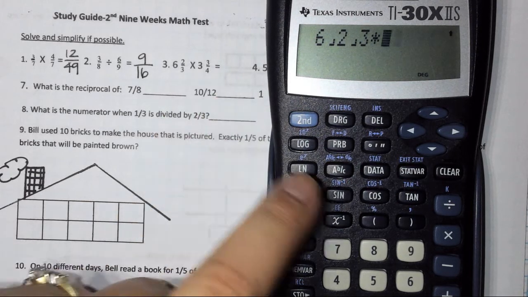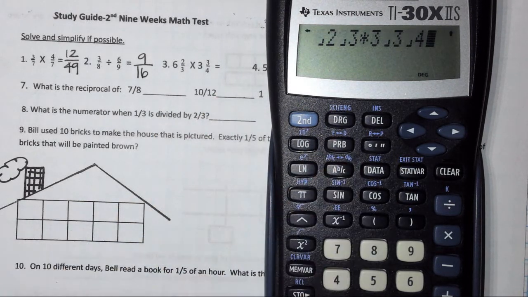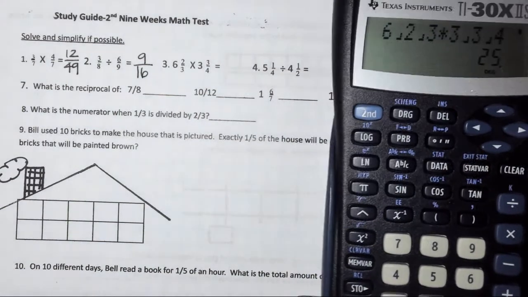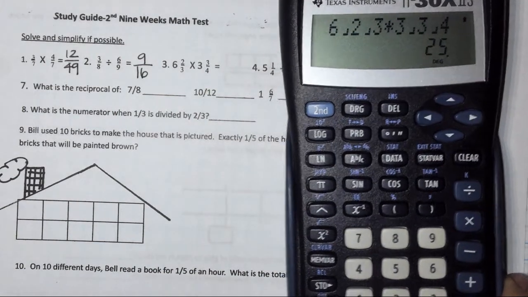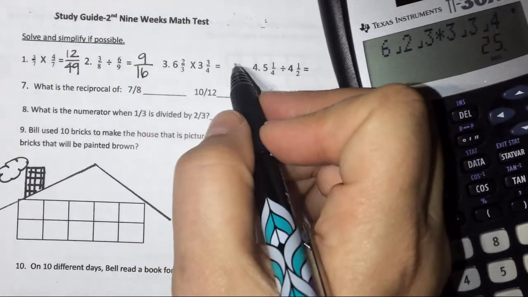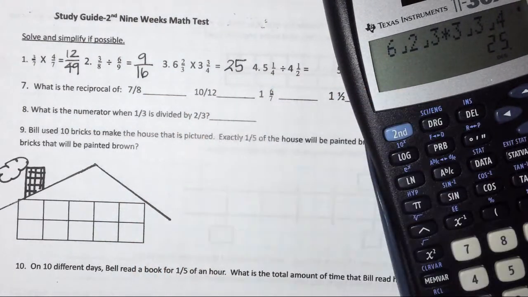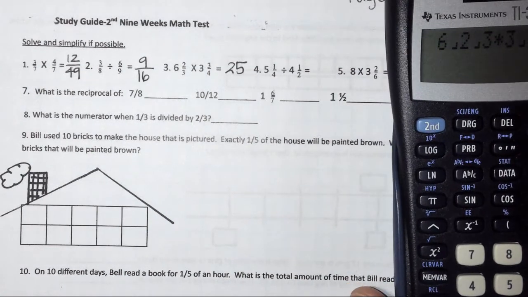So times 3 and 3/4, and that would give us... Now, when it gives me just 25, what does that mean? That's it. It's 25. If you wrote 25/1, that's fine, but the answer would just be 25. Okay?